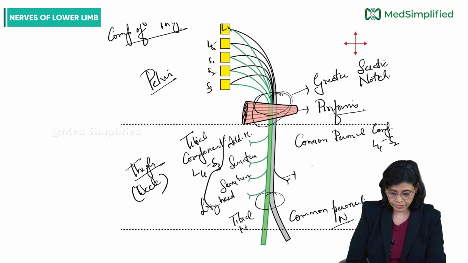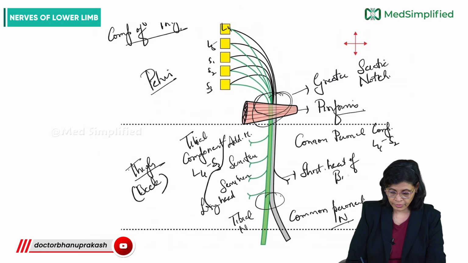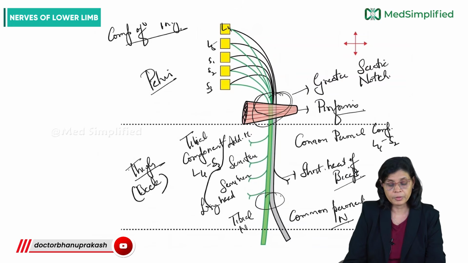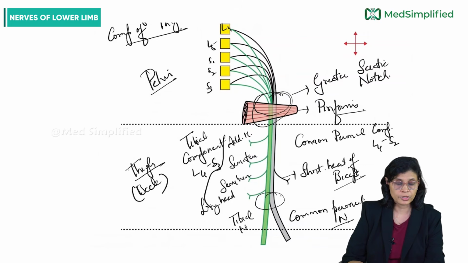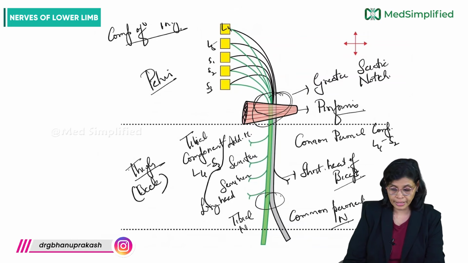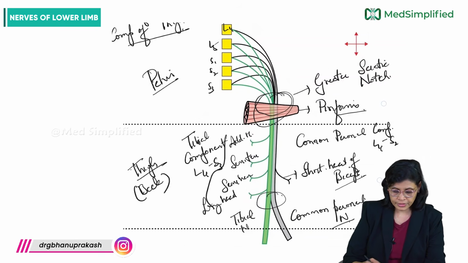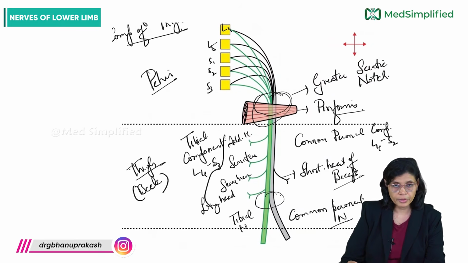Only the short head of the biceps femoris is supplied by the common peroneal component. So that is the nerve supply in the posterior compartment of the thigh. Its further divisions, that is the tibial nerve and common peroneal nerve, we will see separately.